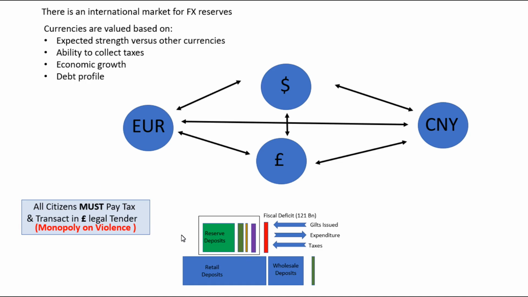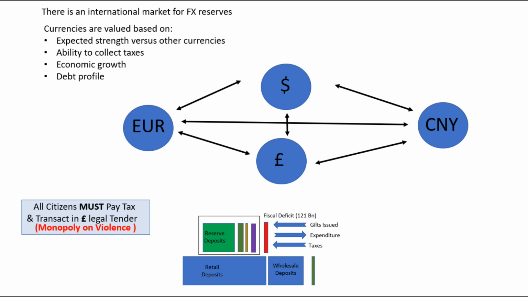So, like I've said, because all citizens in the country must pay taxes and they have to transact in the legal tender of that country, because the government has a monopoly on violence, only the government can take you to court for not paying your tax or not using legal tender.